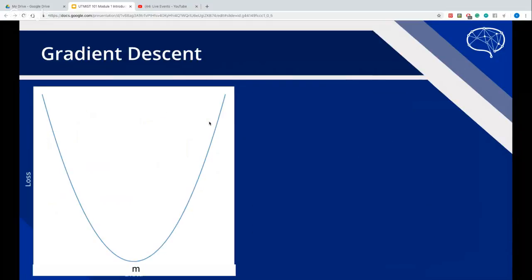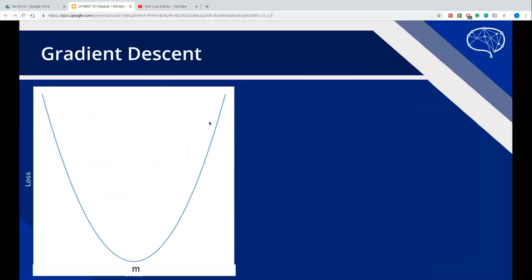Good. So gradient descent. The plot here. First we make things simple, so we just ignore b and only talk about m. Right now, we just have the hypothesis y equals mx, no b. The x-axis is m, and the y-axis is the loss function.